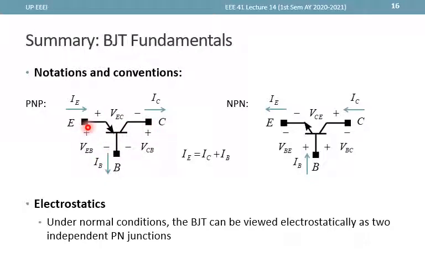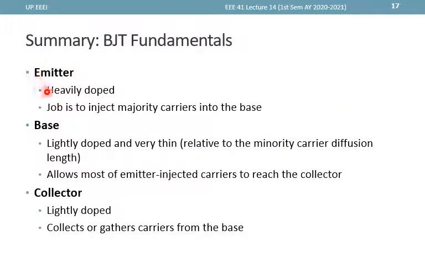And then for electrostatics, in drawing the energy band diagram, we can use our usual analysis for PN junctions, and we just have to analyze the two junctions independently. Again, that is under normal conditions. Among the three, the emitter is the most heavily doped, ideally, and its job is to inject majority carriers into the base.